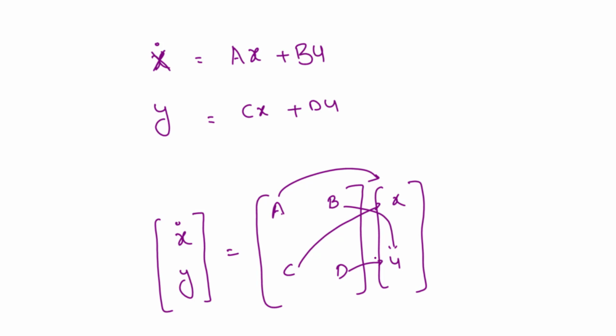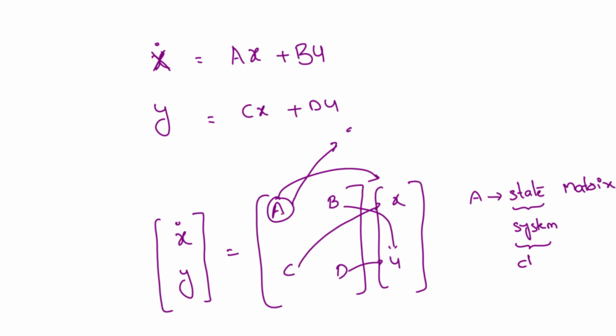Now this A is called the state matrix. What is meant by state matrix is that A is composed of all system parameters. I can say it is a system matrix also, or a characteristics matrix also.